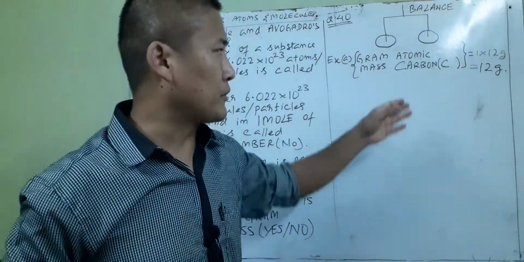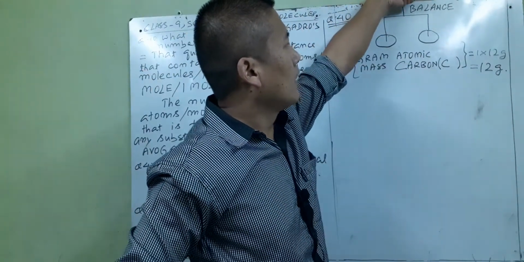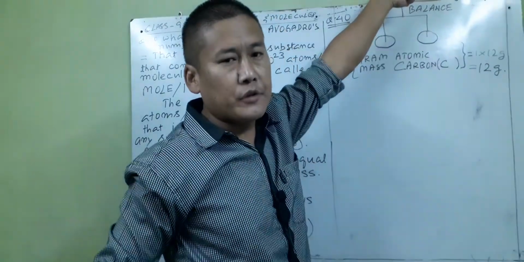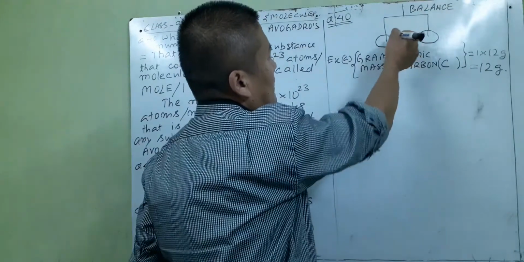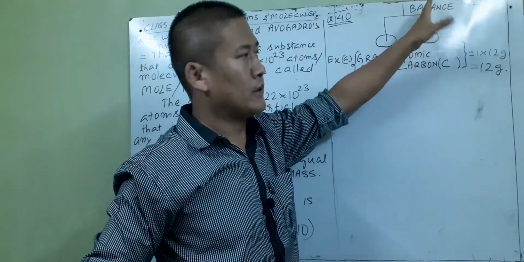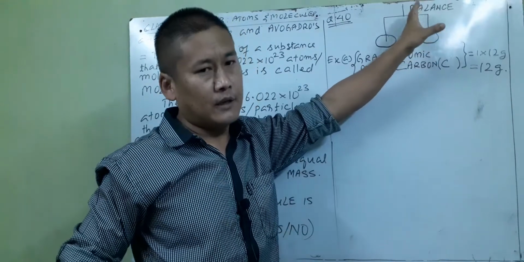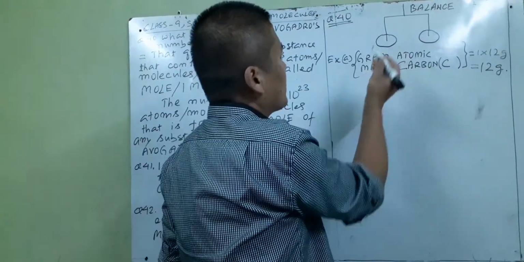So what we're trying to do is this. Take a balance. Let us say that we have a very sharp, sensitive, accurate balance, a special balance that can measure accurately, and we weigh exactly 12 grams of carbon on this weighing pan. So exactly 12 grams of carbon you take out.